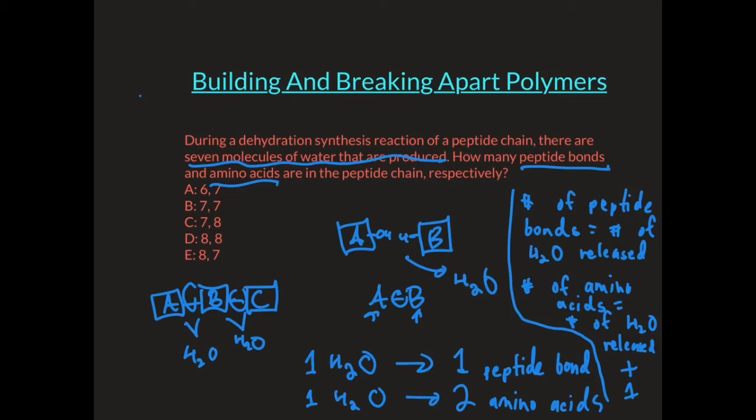So our question says 7 molecules of water are produced, so we know that we have 7 peptide bonds. Automatically we can get rid of D, E, and A. And for this, it says how many amino acids are in the peptide chain. Well, if we have 7 molecules of water, then 7 plus 1 equals 8. So we know our answer is C.